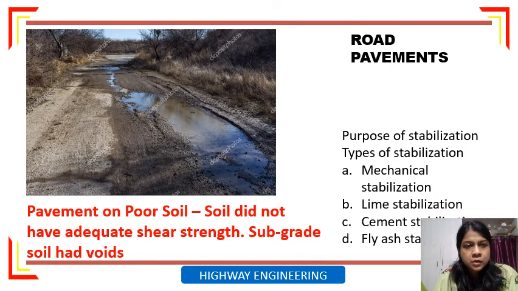Before construction of the road we need to test the soil, and after that the subgrade will be prepared, and different stabilization processes will be done after the subgrade. The different types of stabilization are the mechanical stabilization, lime stabilization, cement stabilization, and fly ash stabilization, depending upon the different types of materials we use in the stabilization process.